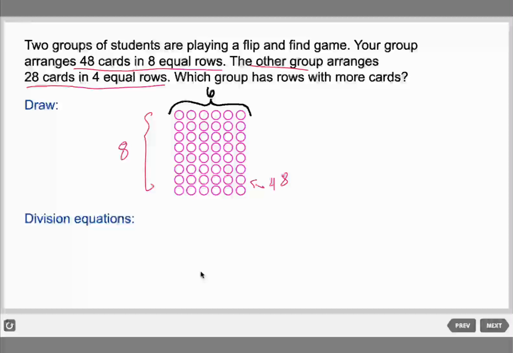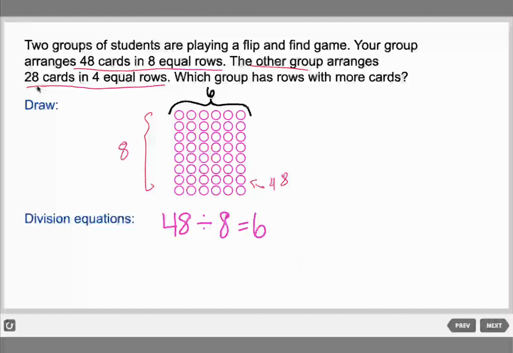The total, it is 48. So we start with the dividend, 48, and we divide by the number of equal rows, which is 8. So the divisor should be 8. And what is the quotient? The answer? So it's 48 divided by 8 equals? 6. Great, excellent. Thank you, my hero.